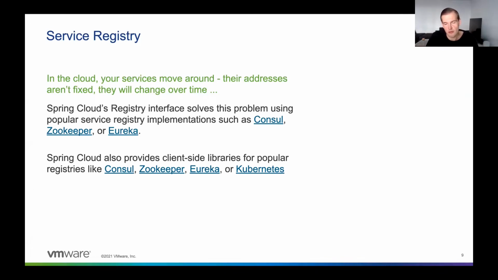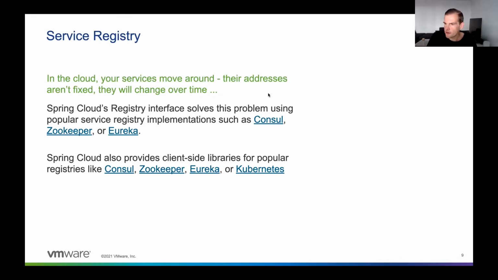We will see that later, the client-side library for Kubernetes and how it works. And now in the code, I will show you how easy it is to connect your microservice to a Eureka registry instance and then use it by another microservice to connect to that microservice.